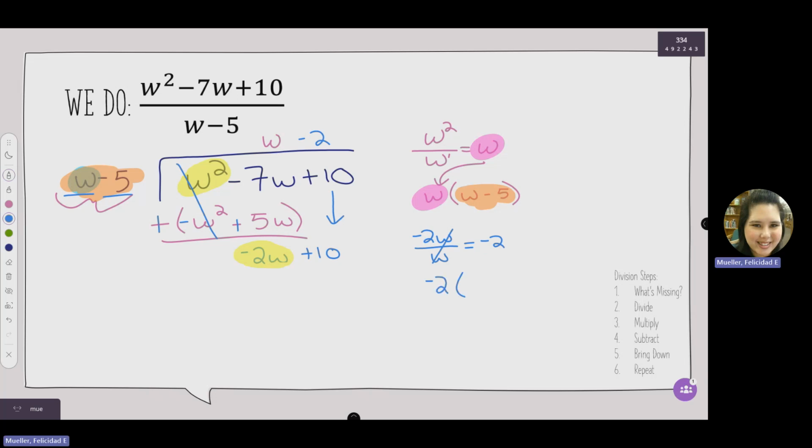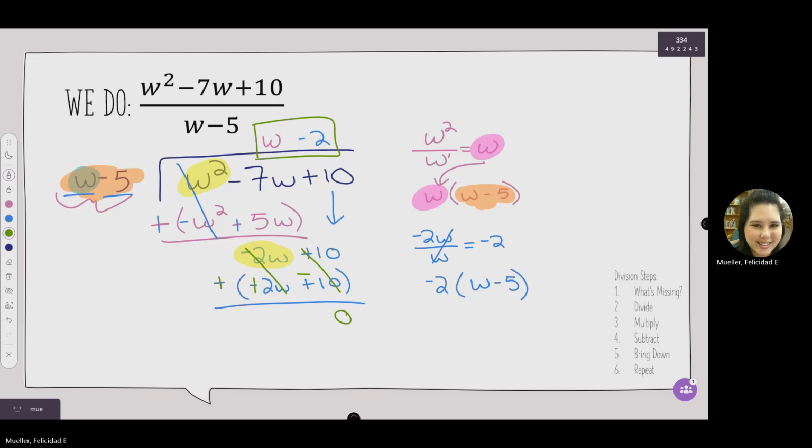So we're going to do -2 times w minus 5, and we will get -2w plus 10. So if I go in and flip all the signs, it becomes a plus, this becomes a plus, this becomes a minus. -2w plus 2w cancel out. 10 minus 10 cancel out, so I'm left with 0. So my answer is w minus 2.